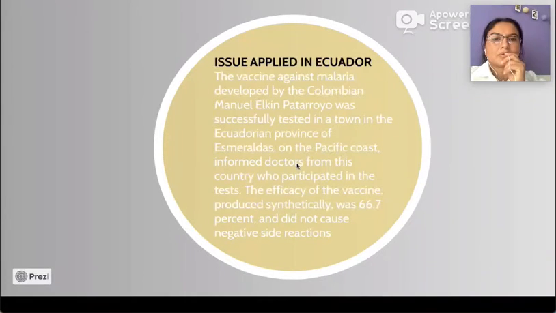The vaccine against malaria developed by the Colombian Manuel Elkin Patarroyo was successfully tested in a town in the Ecuadorian province of Esmeraldas, on the Pacific coast.